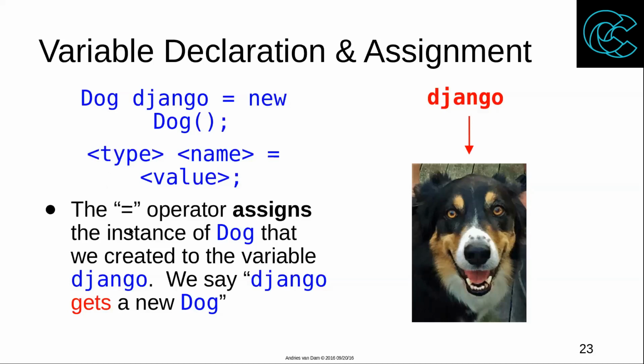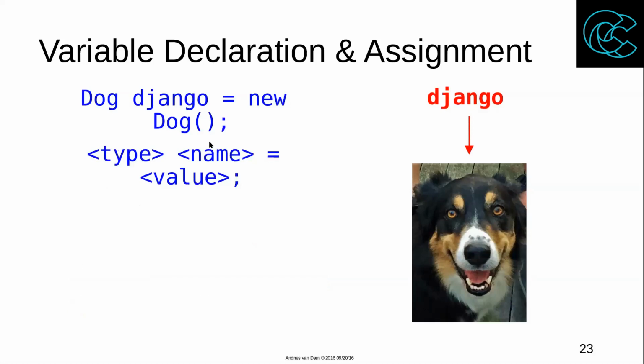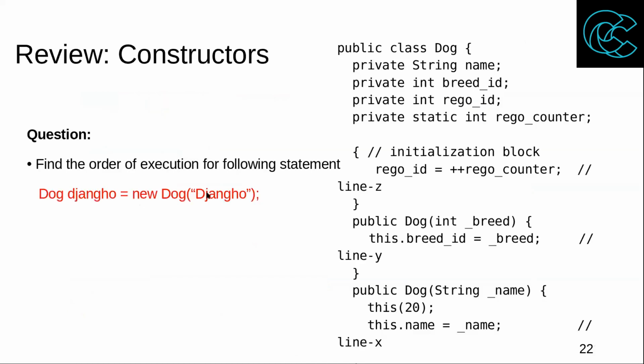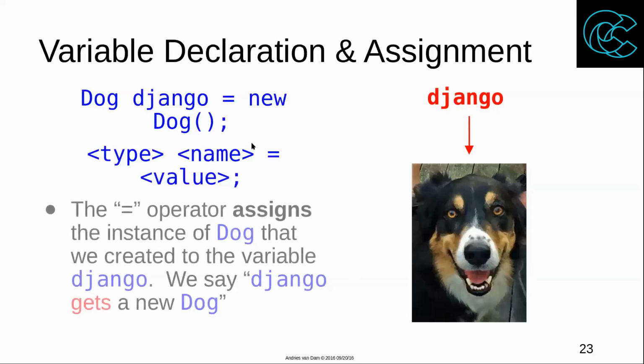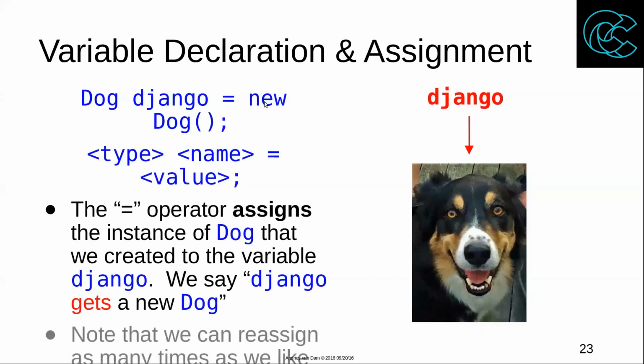The way you declare it and do the assignment is that on the left hand side you have the type followed by the name, and on the right hand side you have the value. For basic data types, that value can be a simple value like 25 or some string like Django, or it can be more complex. For user defined data types, you generally have the constructor. Right? So that's how you do it.